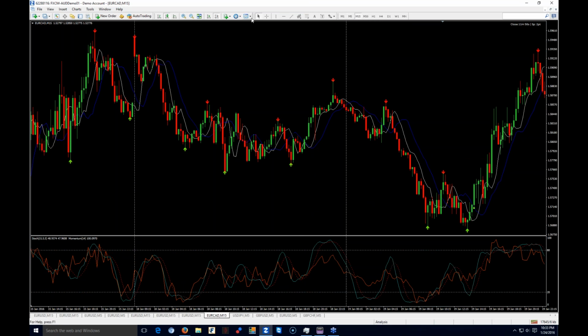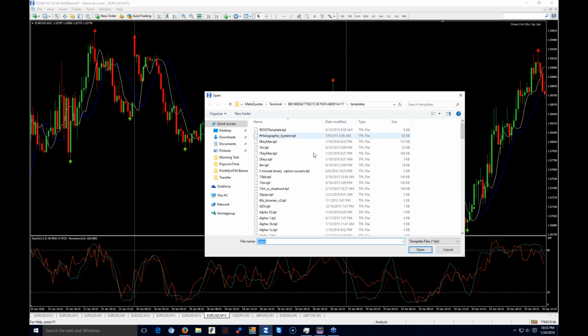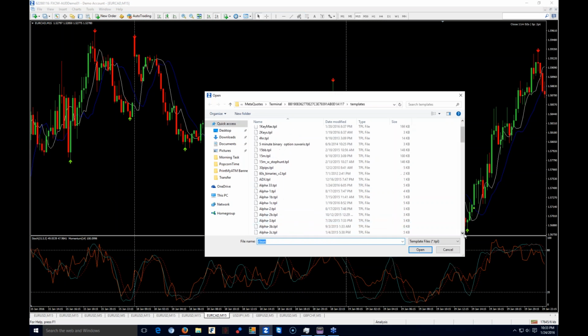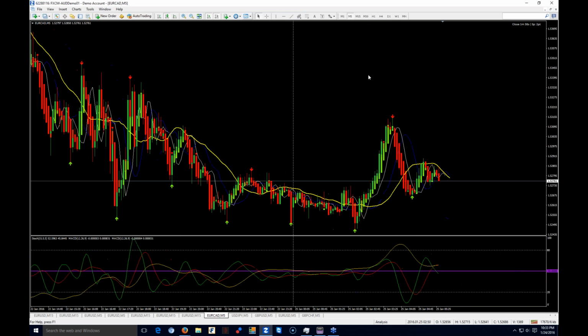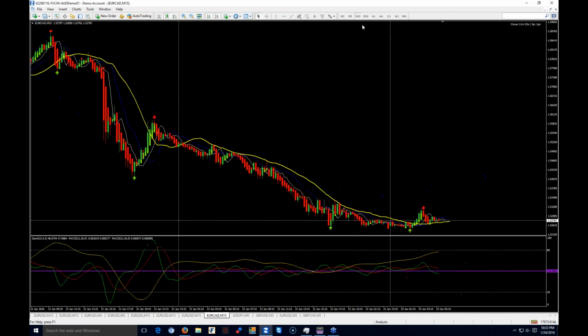Oh, what was that? Alpha 33, you guys can do that too. Well, this is just slightly more precise with it. All right, so let's just set up some fibs.